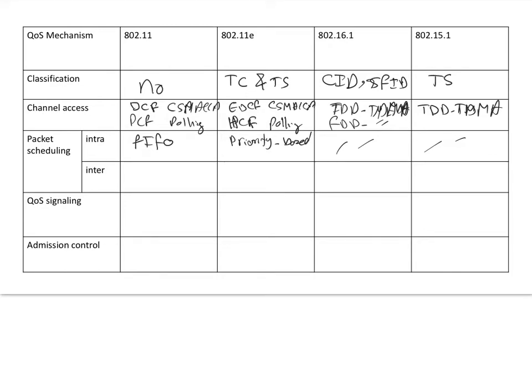So for inter-station scheduling in 802.11, I can call it broadly, again, FIFO, because again there is no distinction. Whether the traffic is coming from this node or this node or this node, I don't have any distinction. So technically, it's again FIFO. Here, can I specify a specific inter-station packet mechanism? Well, it's based on polling. So it's dictated by the polling sequence, right?